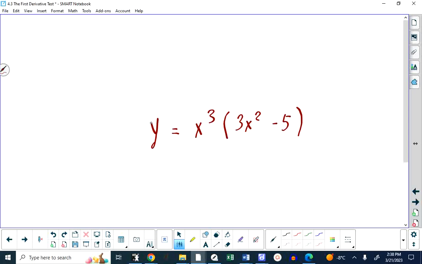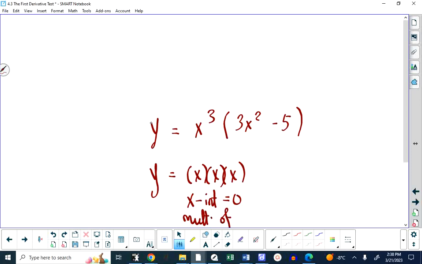Okay. So what this means, and I'm reaching back into Math 30-1, is that there is an x-intercept of 0 because of that factor, but it is a multiplicity of 3.